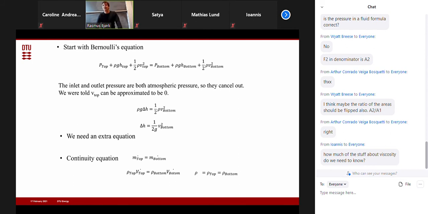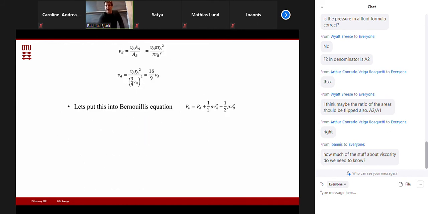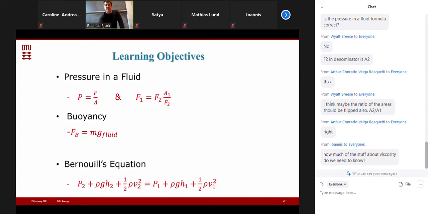Oh, about the viscosity. Know the basics. I mean, know the two equations we have, the Reynolds number and the other equation we have with respect to the viscosity.